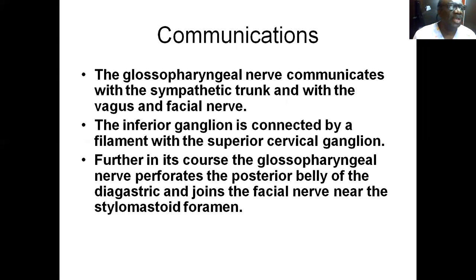We're going to look at the communications of the glossopharyngeal nerve now. The glossopharyngeal nerve communicates with the sympathetic trunk and with the vagus and facial nerve. The inferior ganglion is connected by a filament with the superior cervical ganglion.